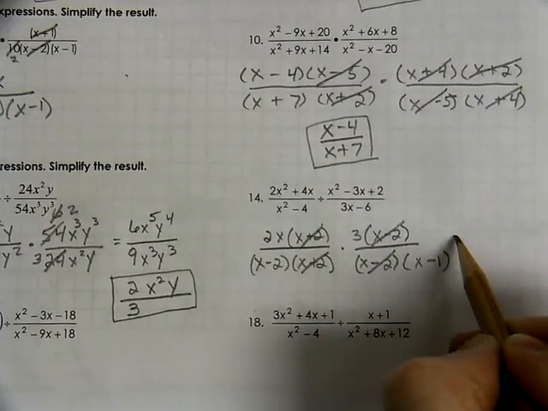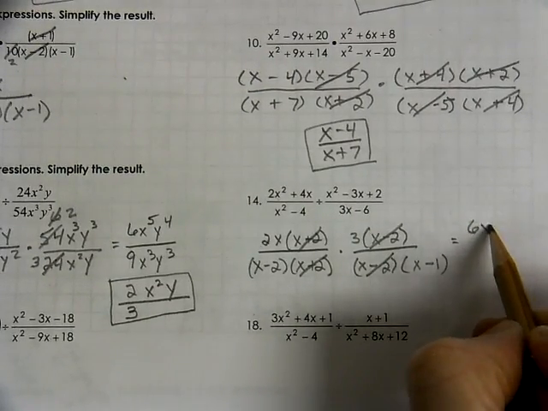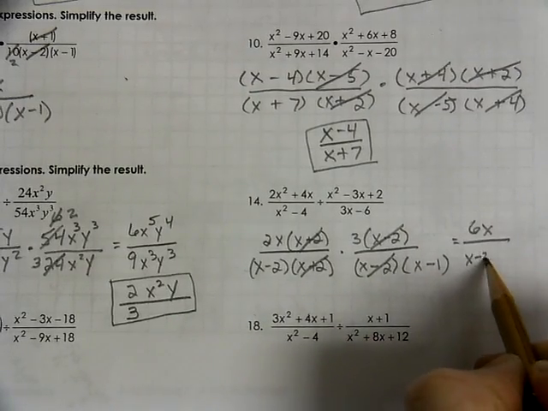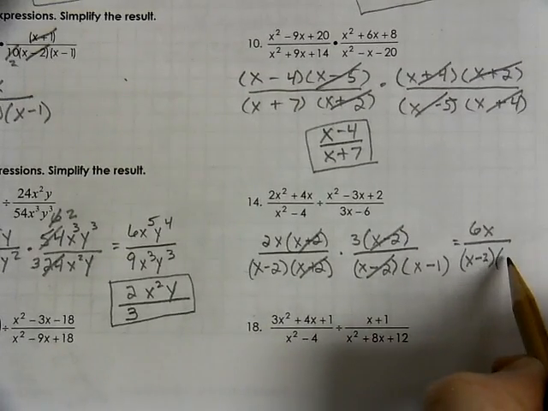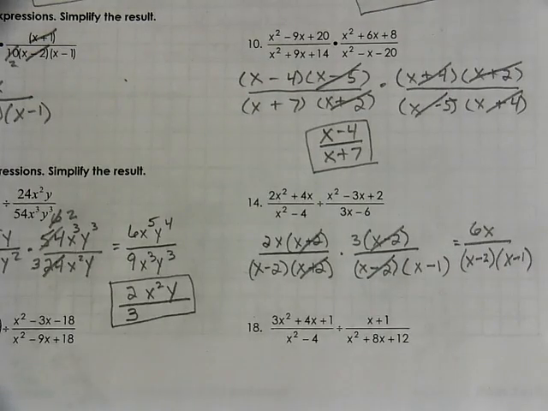Looks like I'm left with 6x on top and an x minus 2 and an x minus 1 in the denominator.